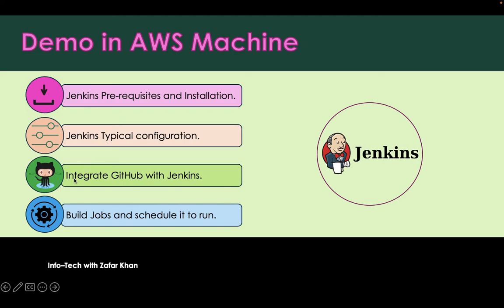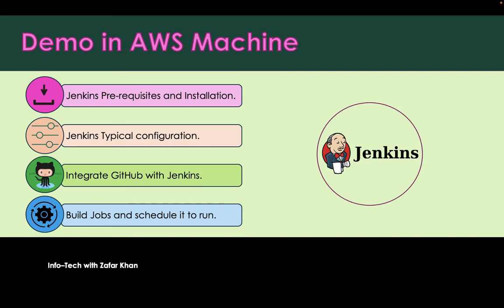Also, we have integrated Jenkins with GitHub, and we have checked it. I have also shown you the error: if Git is not installed in your EC2 instance, or in the machine where Jenkins is configured, it will give an error. So Git should be there. And the branch which I discussed, both should be the same.